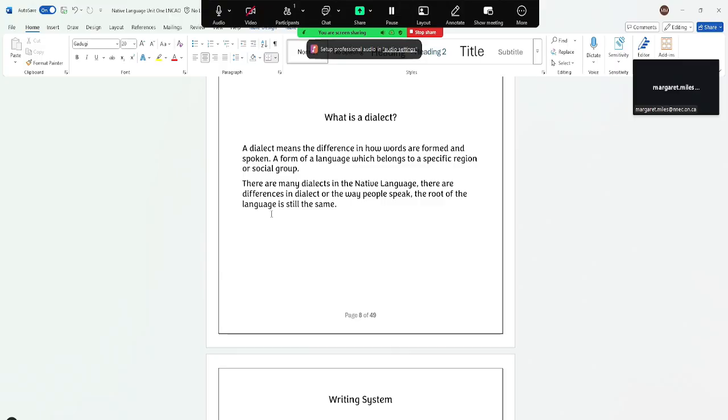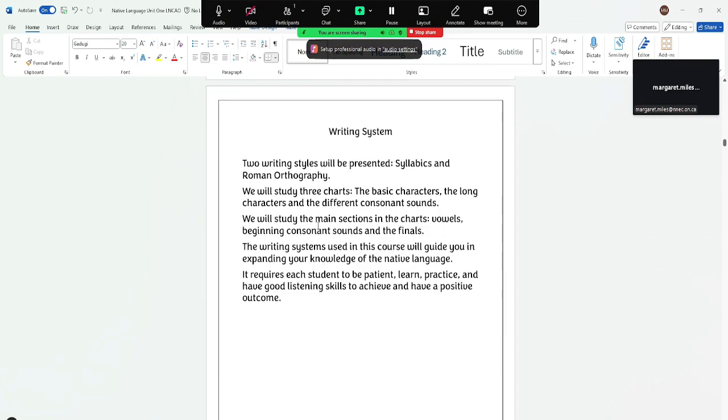The root of the language is still the same. So in this lesson, the writing system, there are two styles, syllabics and Roman orthography. And we will study the three charts. So the basic characters, the long characters, and the different consonant sounds.